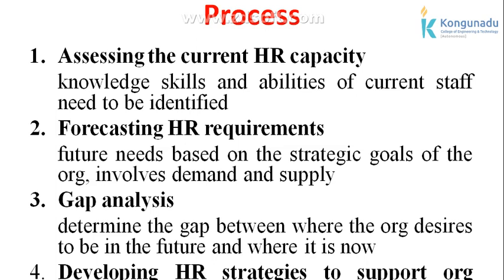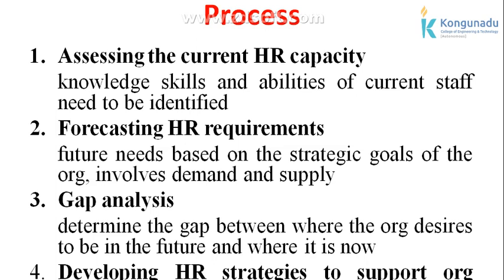Next, the final HR planning process is developing human resource strategies to support organizational strategies. The last step is to develop strategies to support the organization's needs in the future. The various strategies include training and development strategies, collaboration strategies, outsourcing strategies, recruitment strategies, and restructuring strategies.